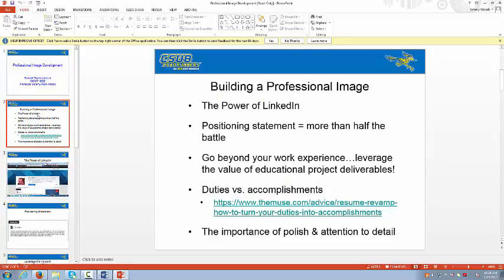So there's 5 things that I want to talk about when it comes to LinkedIn. The first thing is just how powerful it is as a resource. There's pretty much no strangers in the world anymore with LinkedIn. It functions on a system of first degree, second degree, and third degree connections. I'll show you how this works after I get done talking about the rest of the elements of what I want you to do with your profile.